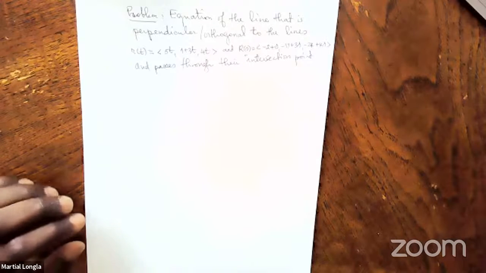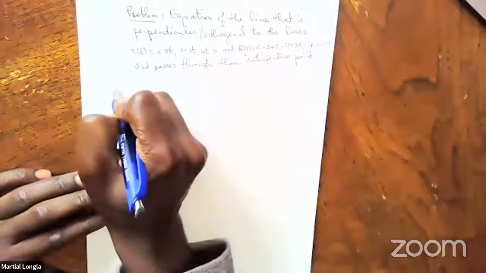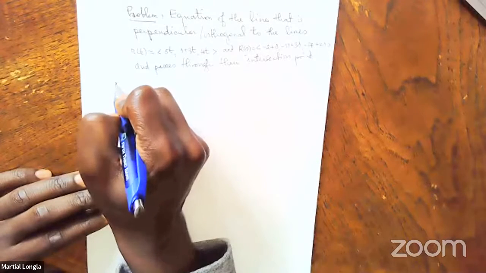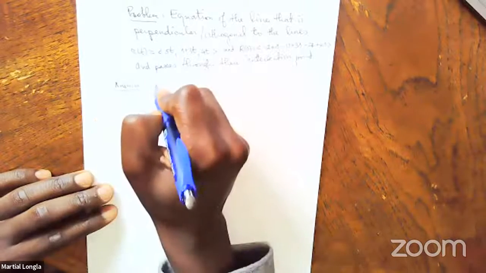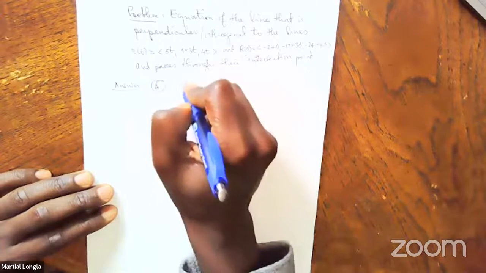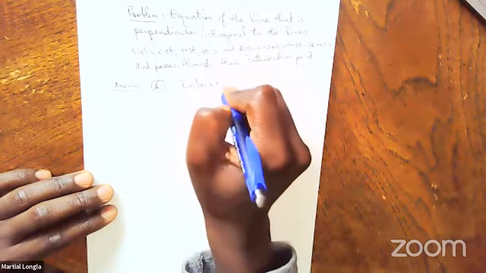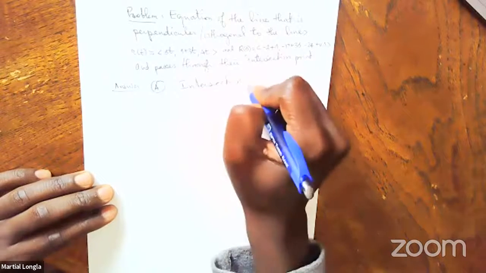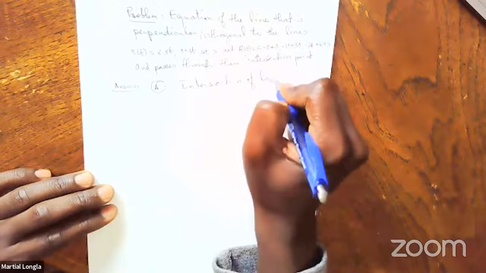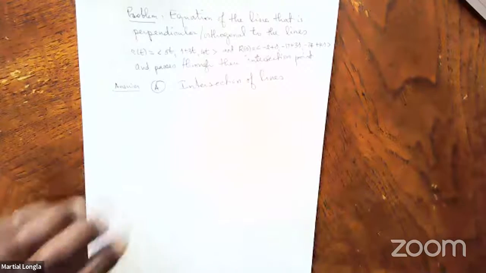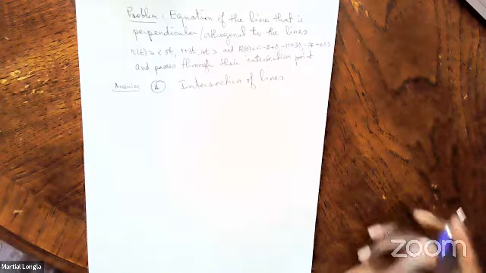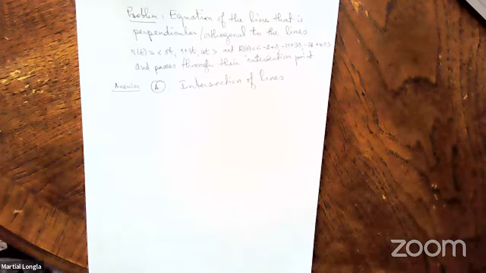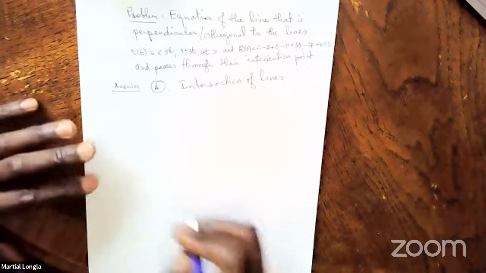Like I said, we've got three things here. First, you've got to find the intersection of lines. How do we find the intersection of two lines? The point of intersection of the two lines is the point where the coordinates are equal.